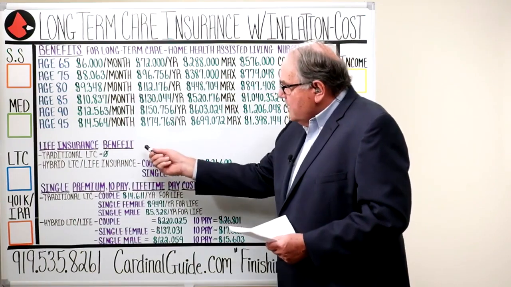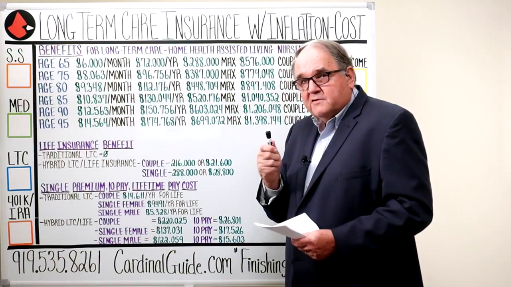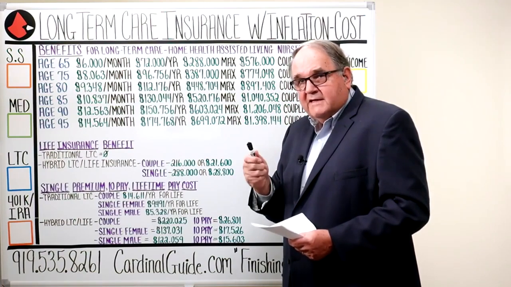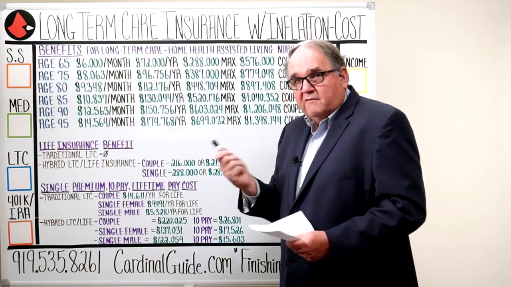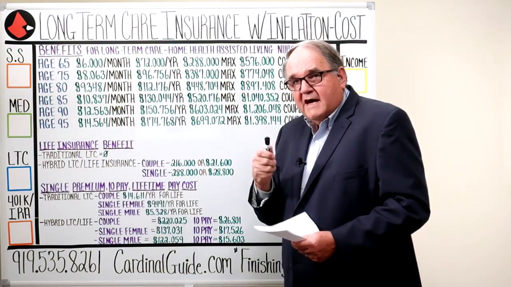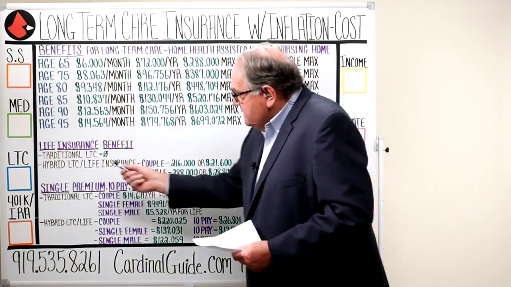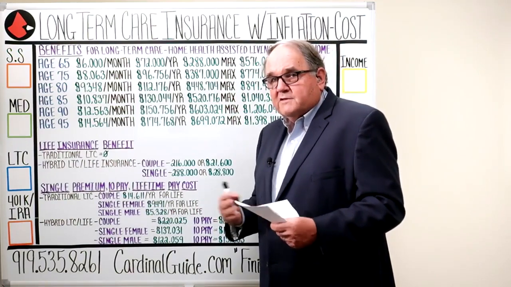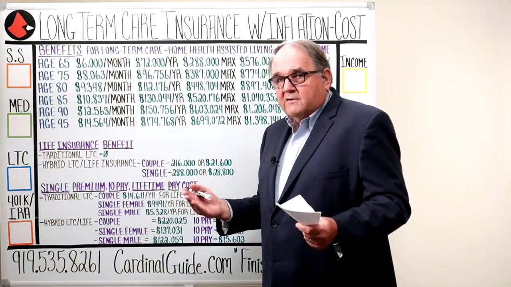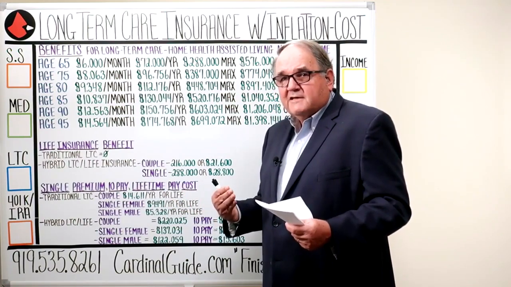Now, we want to talk about the life insurance benefit, and keep in mind that the full life insurance benefit only pays out if you don't use it up for long-term care. On the traditional long-term care policy, there is no life insurance benefit. Your heirs are going to get nothing back out of that. And people bring that up as an objection to buying it.